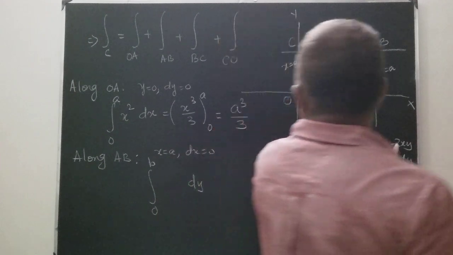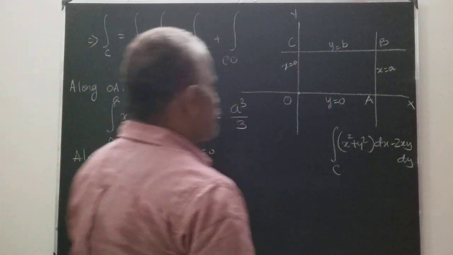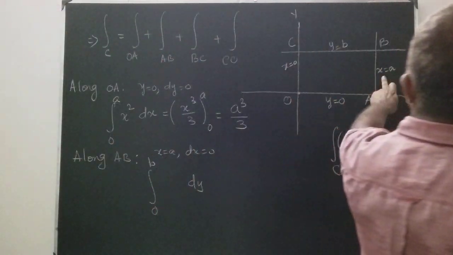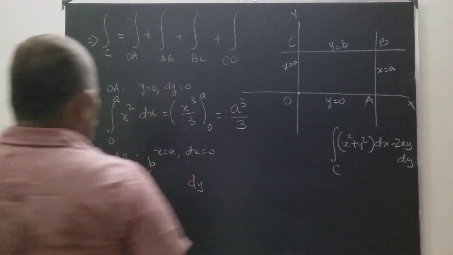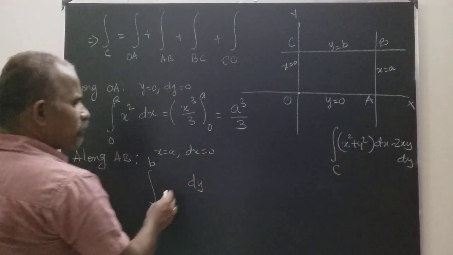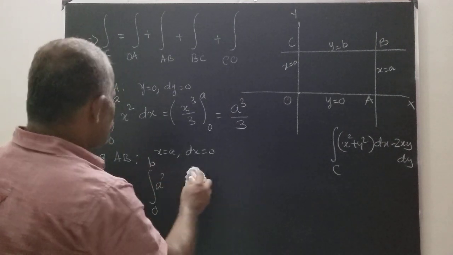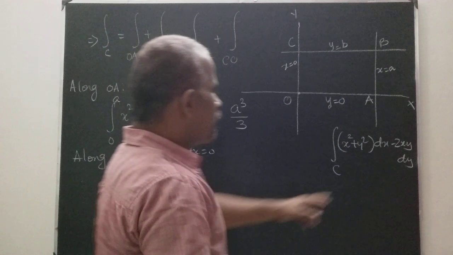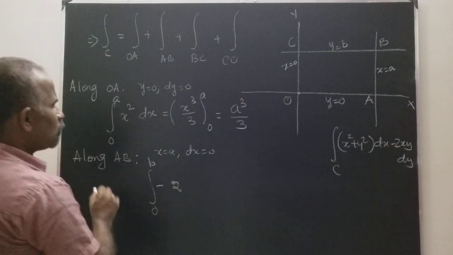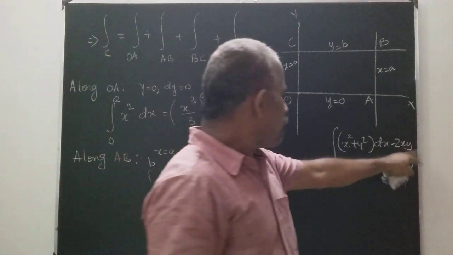Here x is equal to a, and y varies from 0 to b. Therefore the first part becomes 0. Come to the second part: minus 2 into x is equal to a, minus 2a y dy.